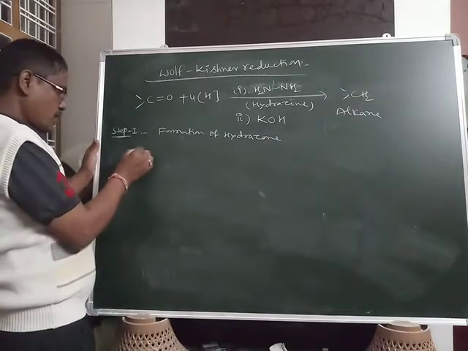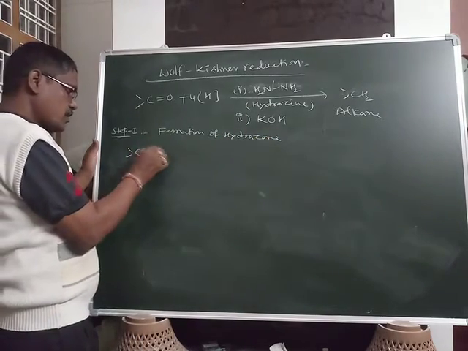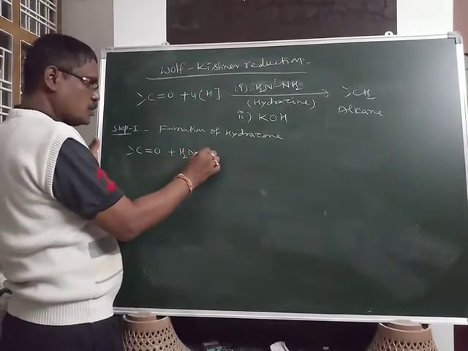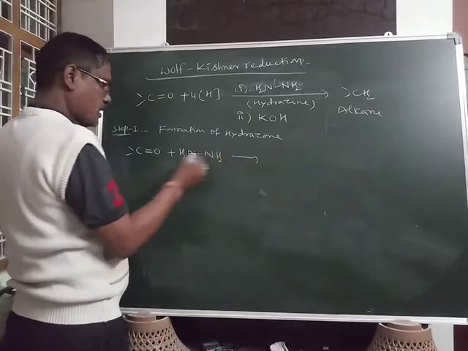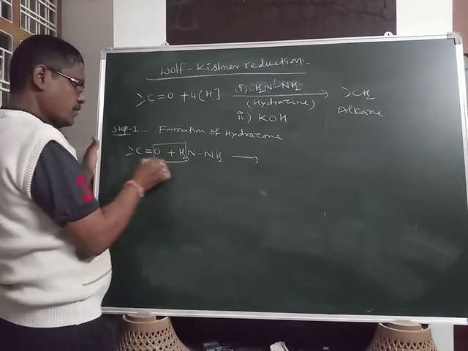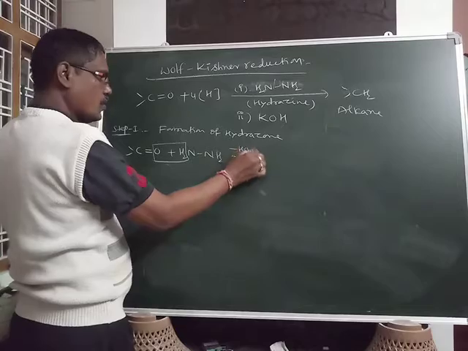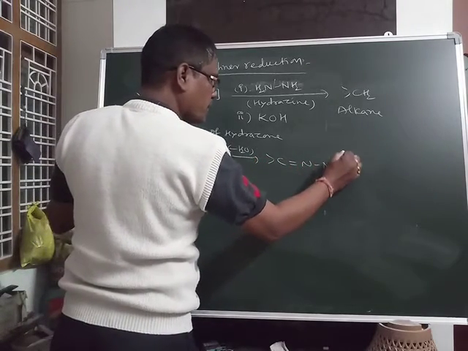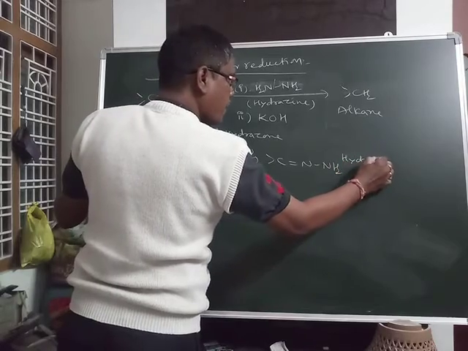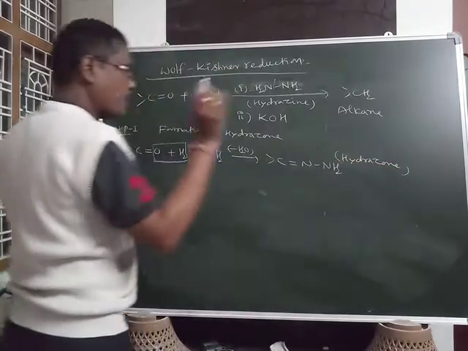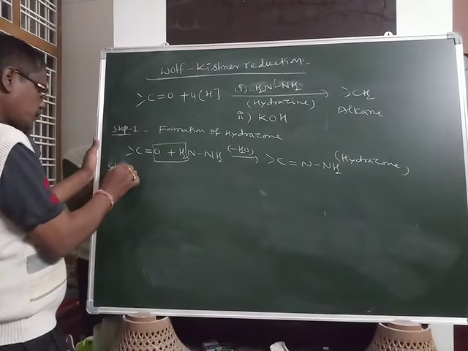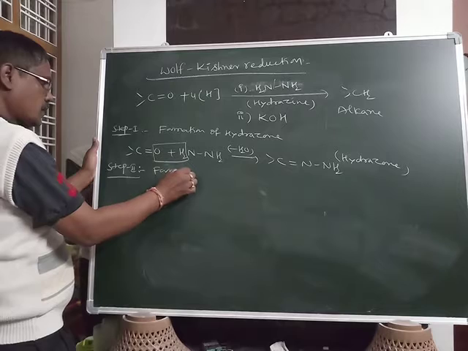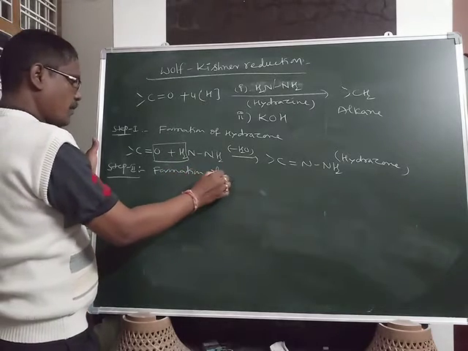Formation of hydrazone means the double bonded carbonyl group reacts with H2N and NH2 only. Now this is eliminated as a water molecule to form what is called hydrazone. This is step 1. Step 2, formation of alkane.